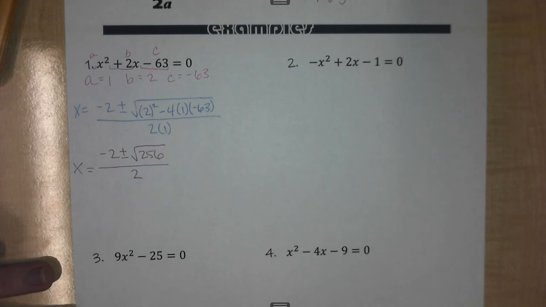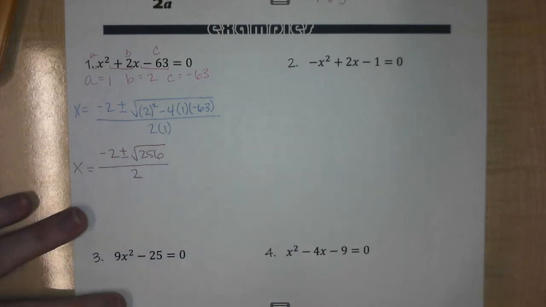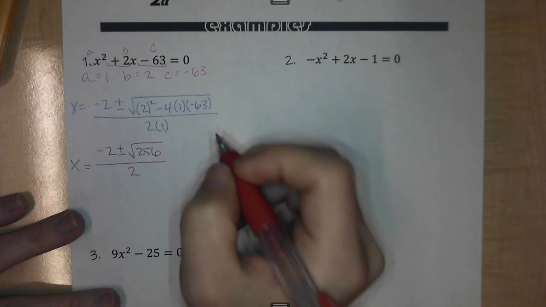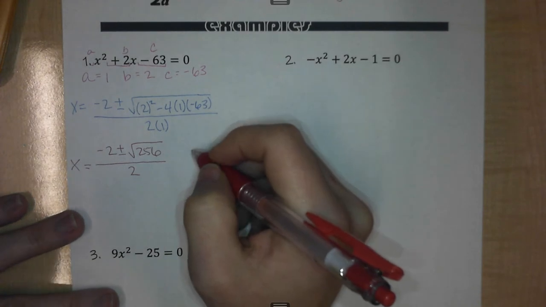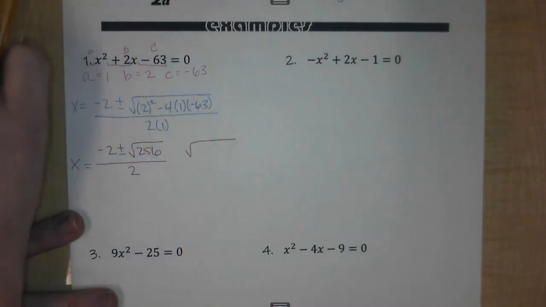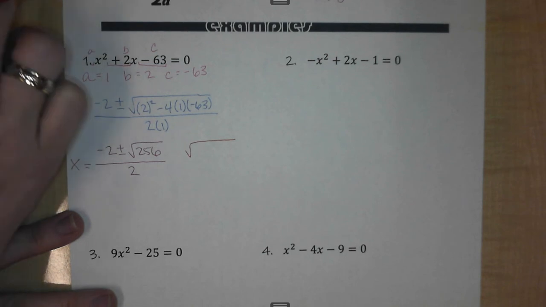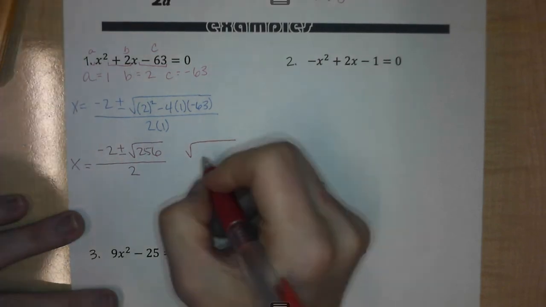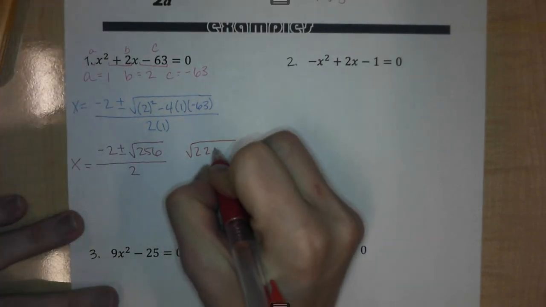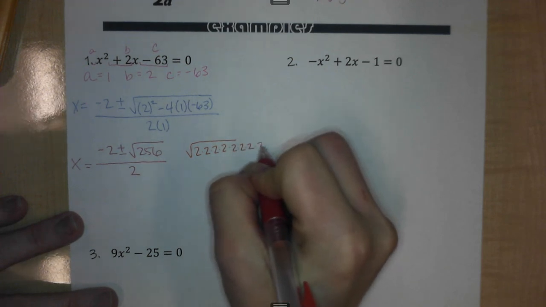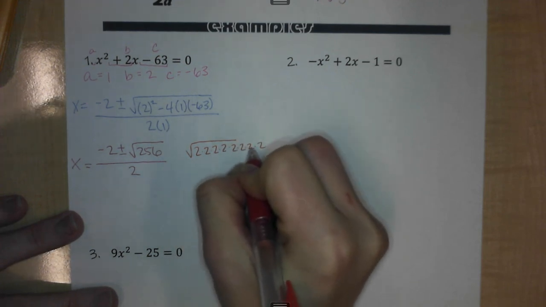Okay, let's keep simplifying. Remember, for our radical, I'm going to put that over here. What are the factors of 256? That is 8 twos: 1, 2, 3, 4, 5, 6, 7, 8.